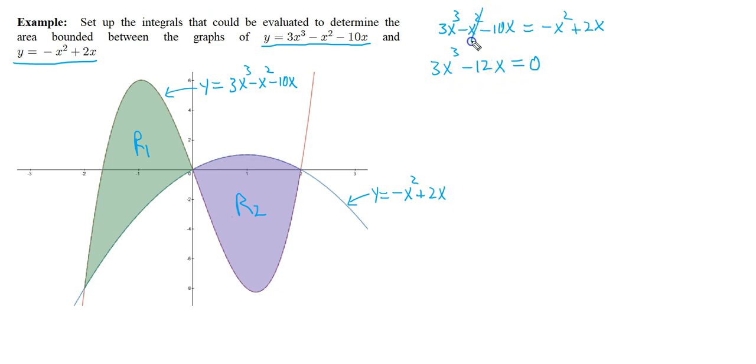You notice how the negative x squares cancel, bring the 2x over, we get -12x, and then this can be factored. And this term can further be factored, and then we see that this has solutions.